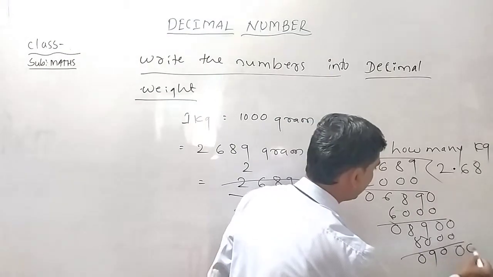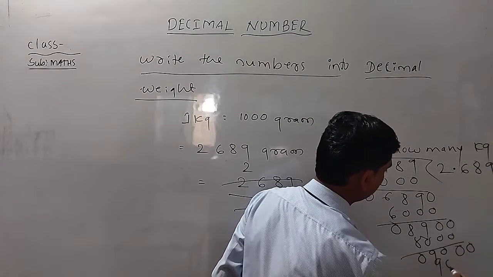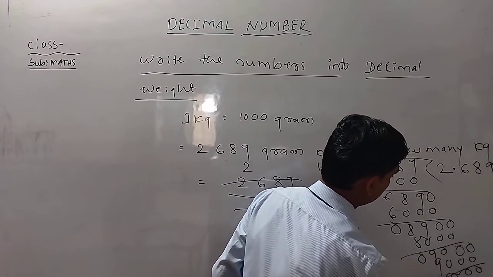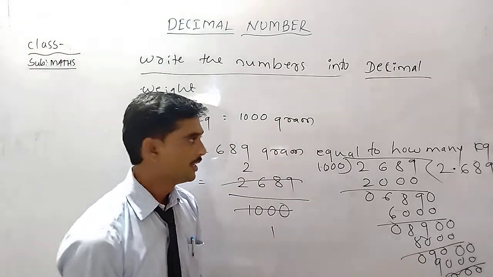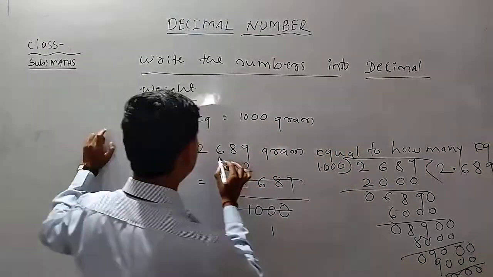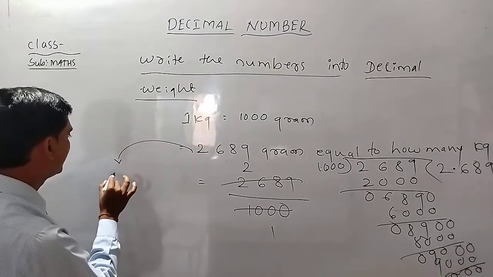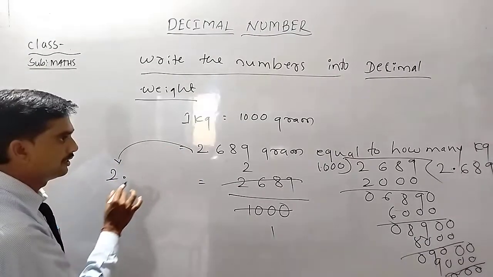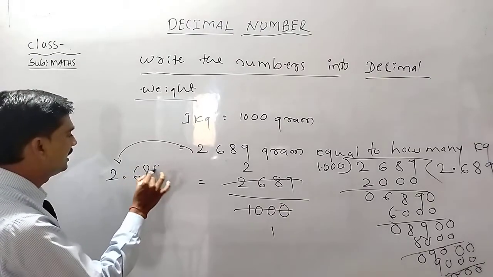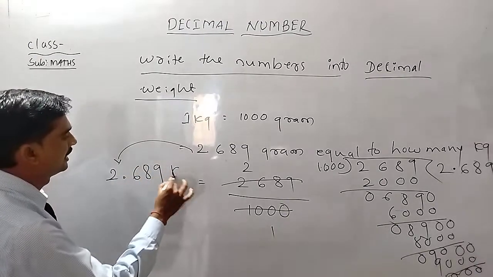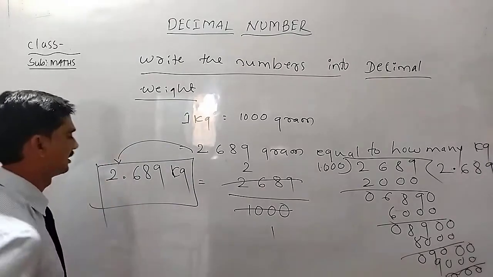Already given one point, take another. Then you should write: 2689 grams equal to how many kg means 2.689 kg. This is your answer.